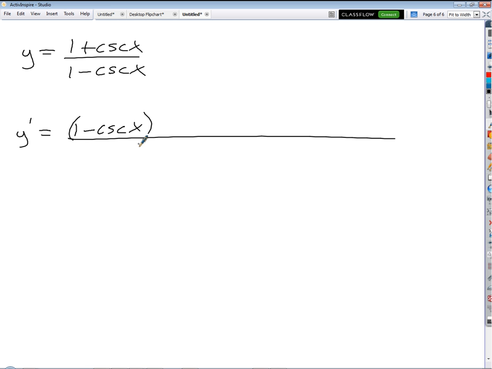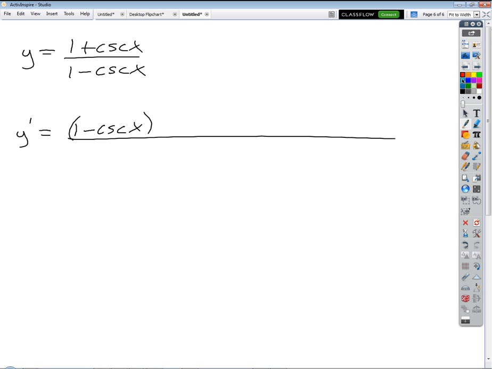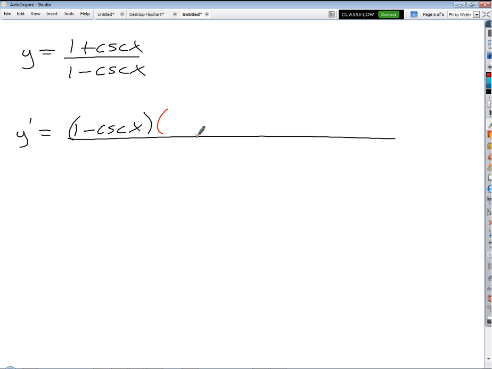I've never understood that. So low D high, so here's going to be D high. What's the derivative of the top? Derivative of 1 is 0. Derivative of cosecant x is negative cosecant times cotangent.